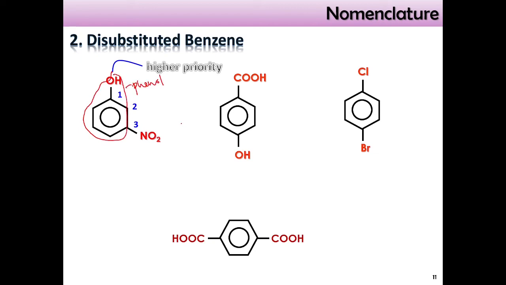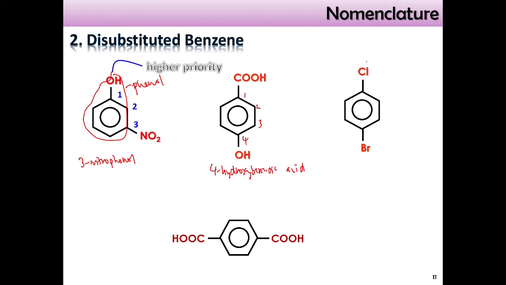The parent chain is phenol, and this is attached at carbon number 3, so it can be 3-nitrophenol or meta-nitrophenol. This one is 1, 2, 3, 4, so it can be 4-hydroxybenzoic acid.